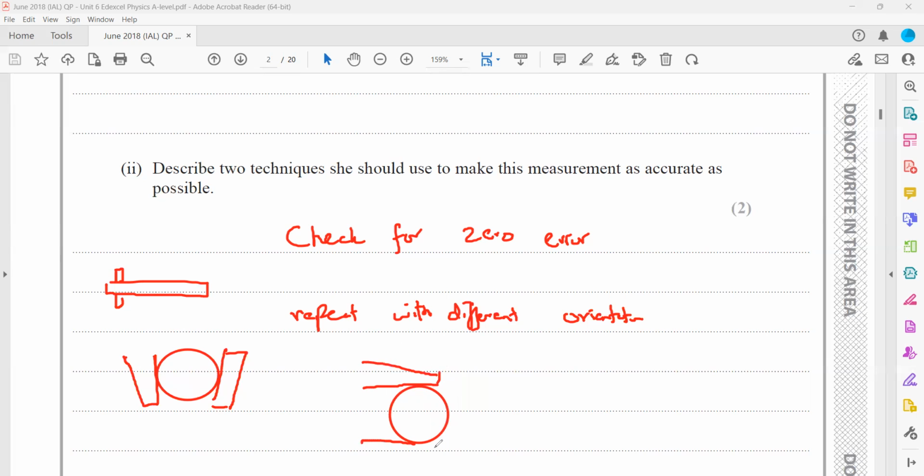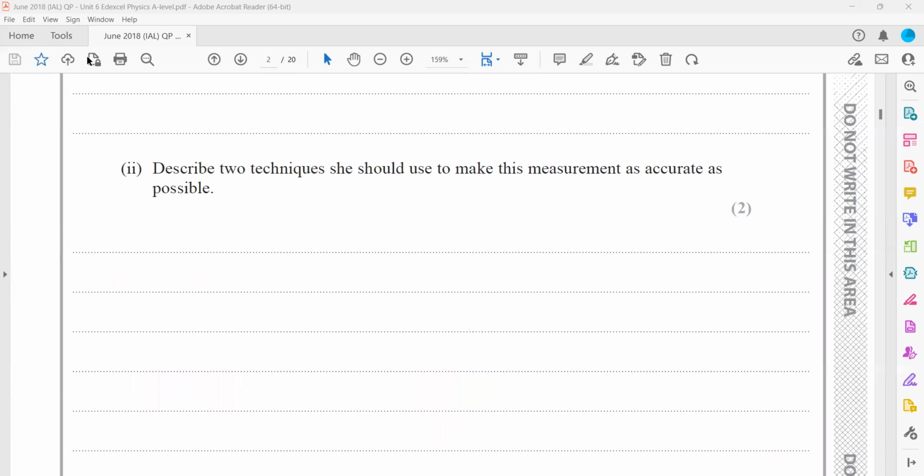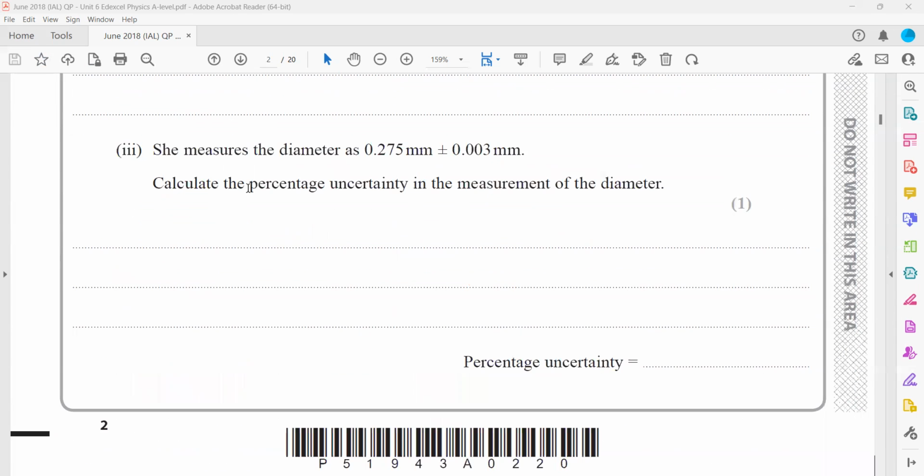So whenever a micrometer screw gauge is used, we should always check for zero error, and repeat with different orientation and take an average. That's how we can improve the experimental accuracy.